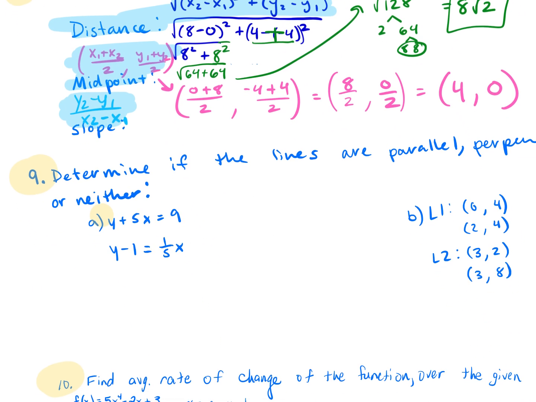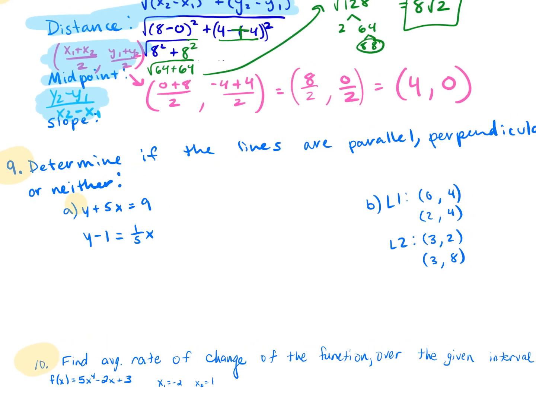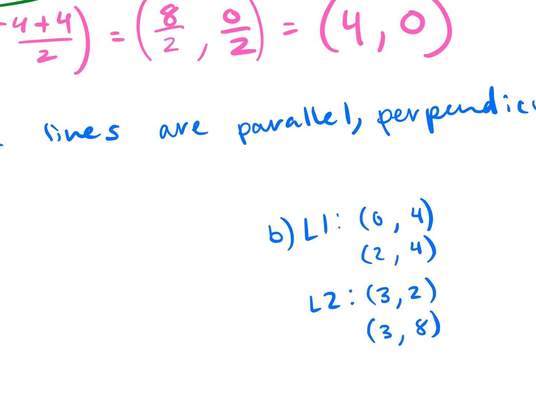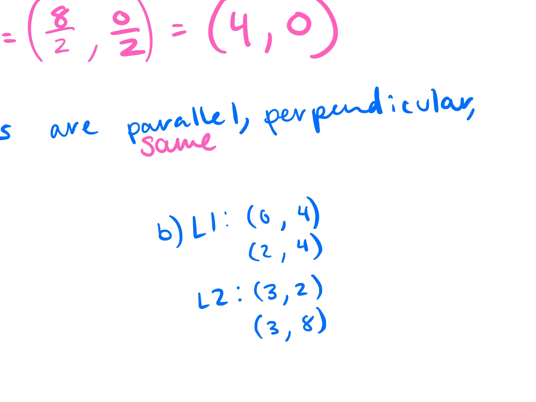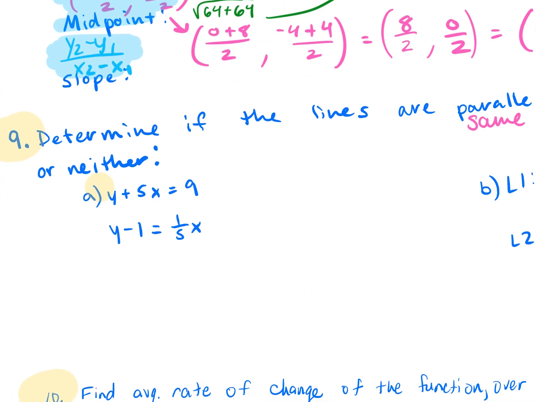All right, let's do 9. Determine if the lines are parallel, perpendicular, or neither. So we're going to do 9a. So if our lines are parallel, what do we know about the slopes? They're the same slope. If our lines are perpendicular, what do we know about the slopes? Opposite reciprocals. So in A, how can I find the slope here?